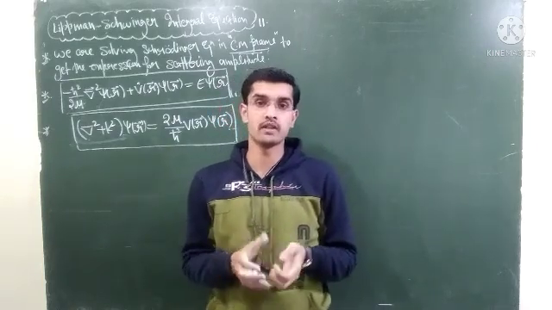These are the Fourier transforms of these two important functions, and this is the starting point to calculate the Green's function for this equation. We will use these two functions to calculate the Fourier transform of the Green's function.